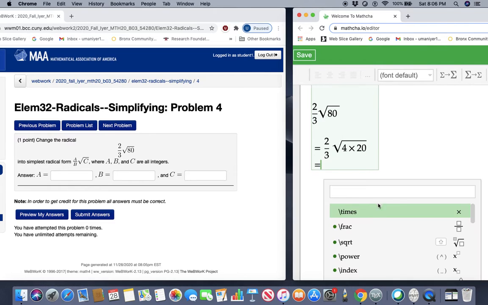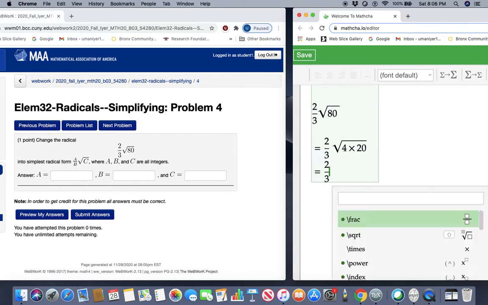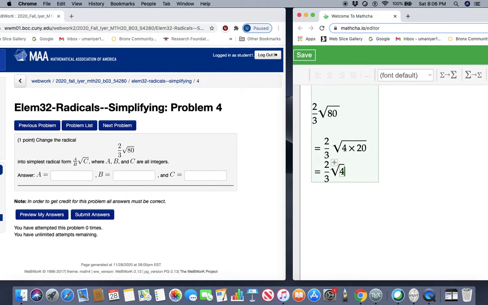That is 2/3 square root of 4 times 5. So you see, instead of writing 4 times 20, I could have written 16 times 5. You see, 16 times 5 is 80. So I don't need this step.